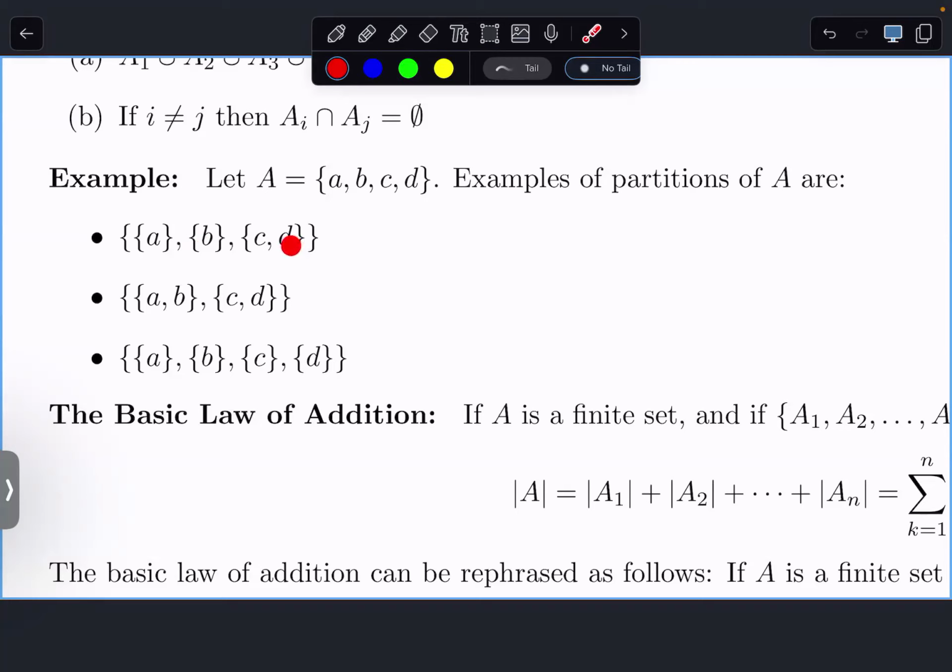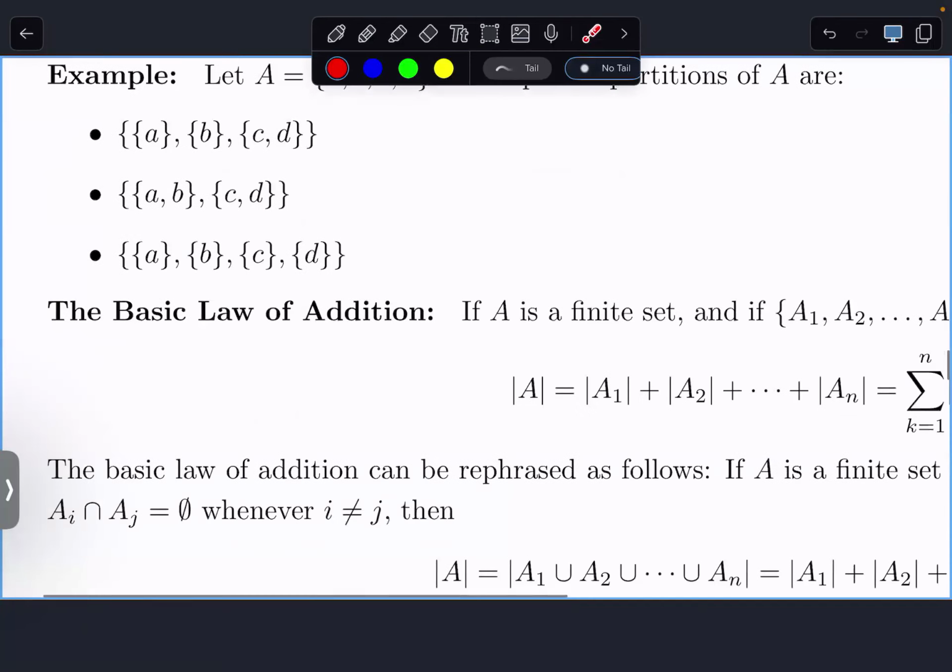That's a partition, and we're really just slicing this set into different combinations. We can talk about A, B together and C, D together, in twos. Or A, B, C, D each in their individual partition.